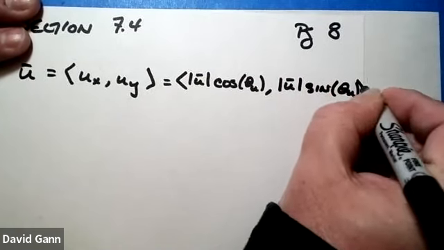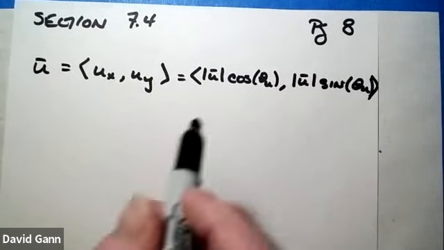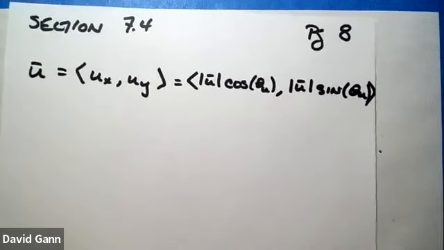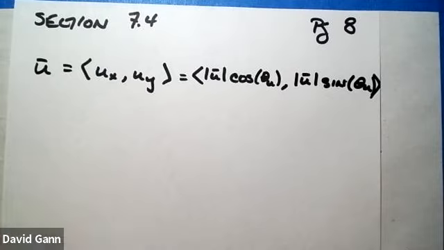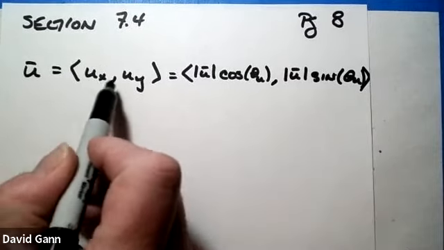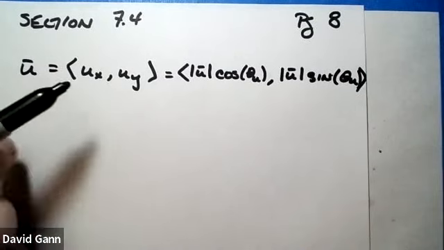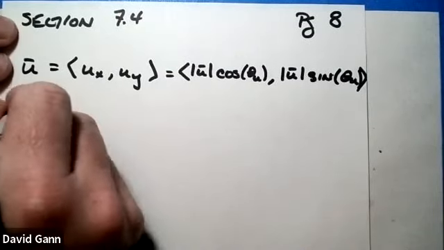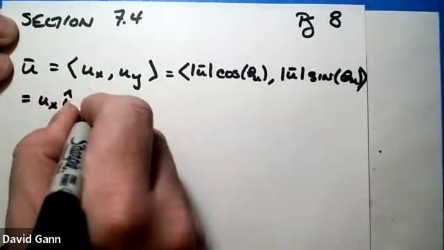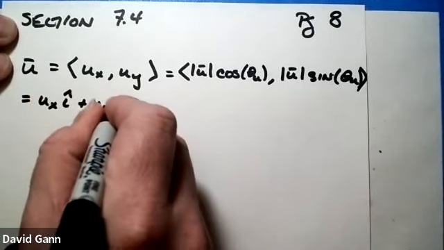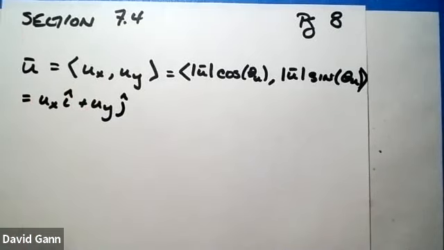Now, oh, and I need to get my little brackets there. Now remember, this is a vector. These are components of the vector. These are real numbers, but inside that bracket, it's actually represented by u_x i plus u_y j, right?